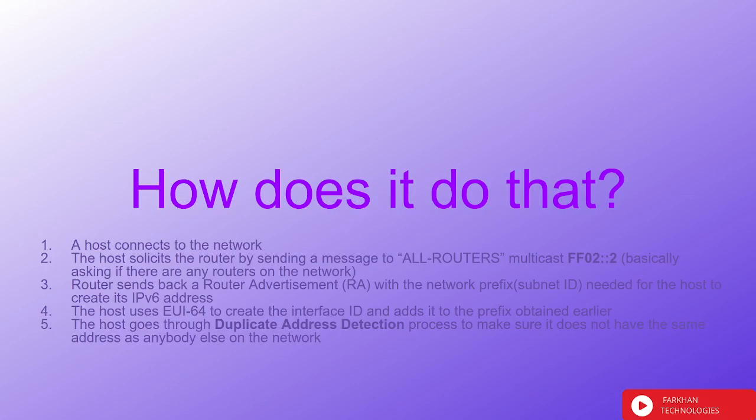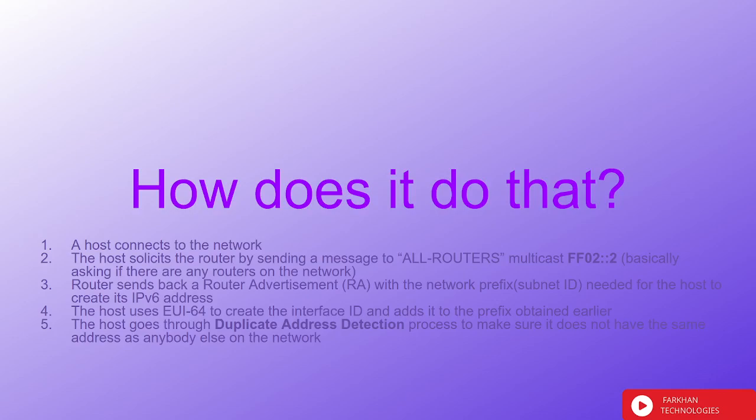Okay, so as I was saying, this router advertisement will have a network prefix, aka subnet ID, needed for the host to create its IPv6 address, right? And the host uses the EUI64 process, which, by the way, you can check out on my previous video that I did.